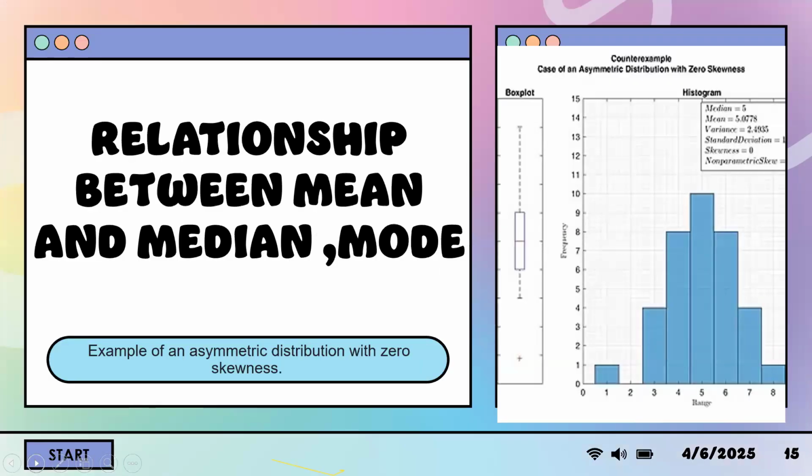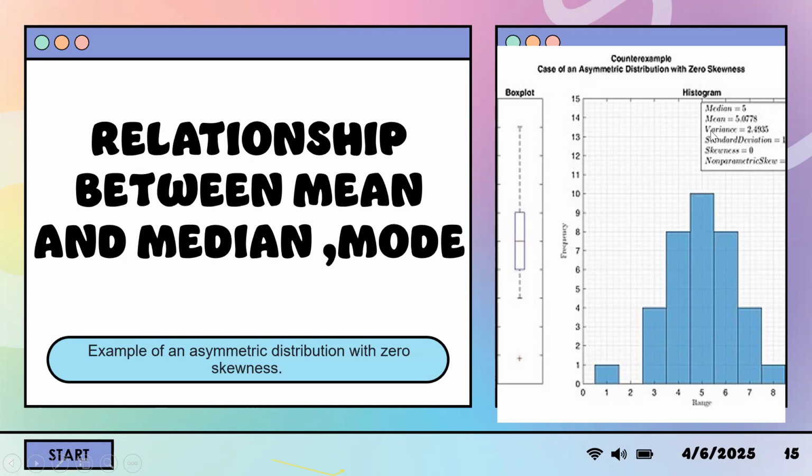So, what is the relationship between mean, median, and mode in a skewed distribution? In the symmetric case, we can safely say that mean, median, and mode coincide at the point of 0.